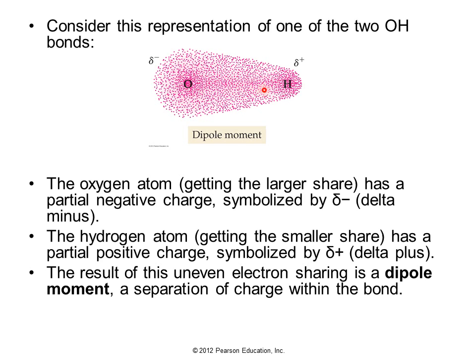Here is the oxygen-hydrogen bond, but the electrons are being pulled over toward the oxygen, making it partially negative, this is the Greek letter delta, and partially positive for the hydrogen. If the whole molecule is polar, it possesses what they call a dipole moment, a separation of charge within the bond.